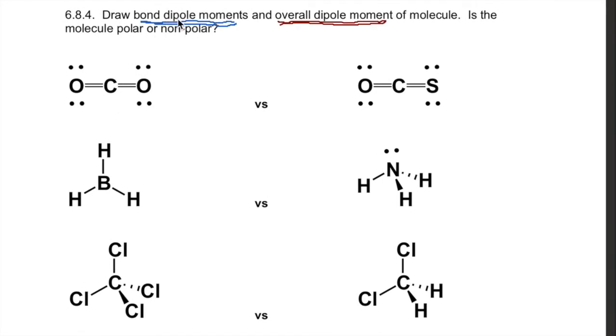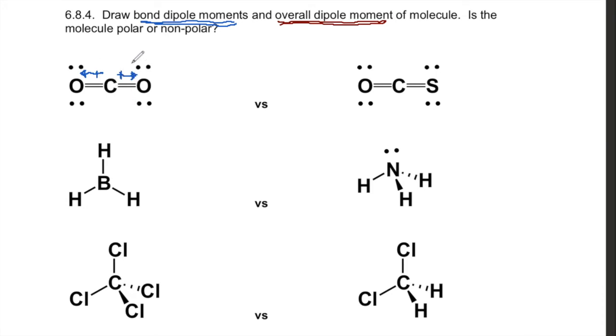All right, so let's go ahead and draw bond dipole moments in blue. On the previous page, we saw that a carbon-oxygen bond is polar. The oxygen is pulling the electrons away from the carbon. Let's draw that bond being polar. And then this bond is also polar.